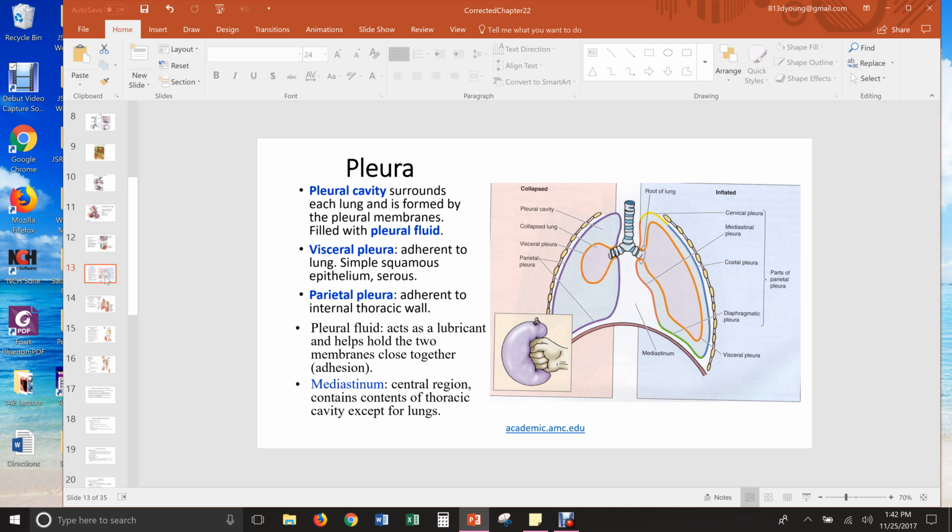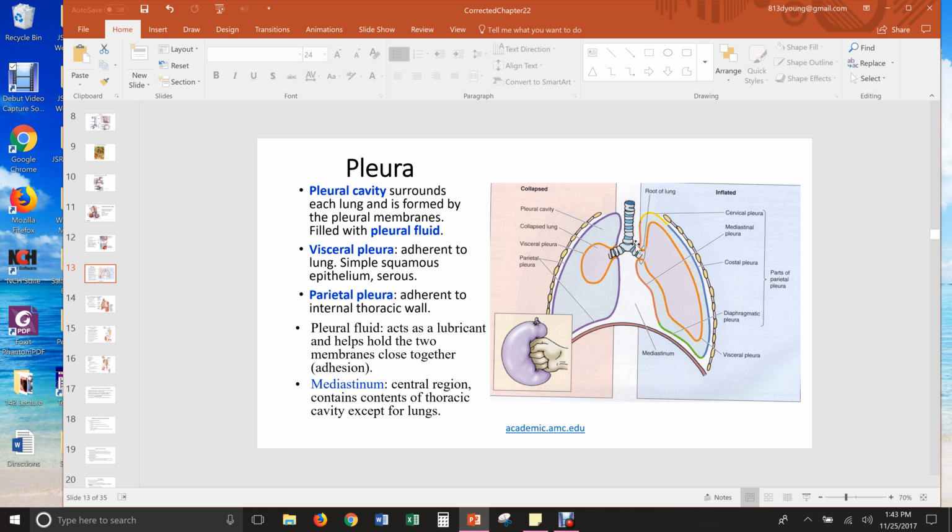Now, as we look at the structure of the lungs within their cavities, we look at the lungs that are contained within the thoracic cavity, but the lungs are going to be found in what's called the pleural cavity of the thoracic cavity.